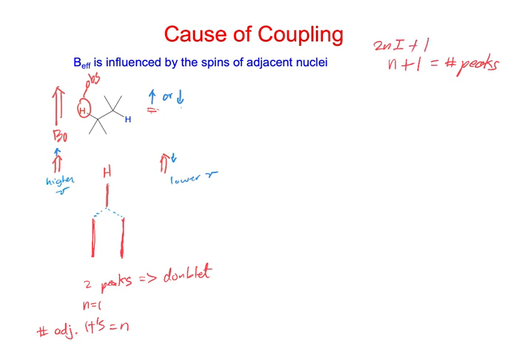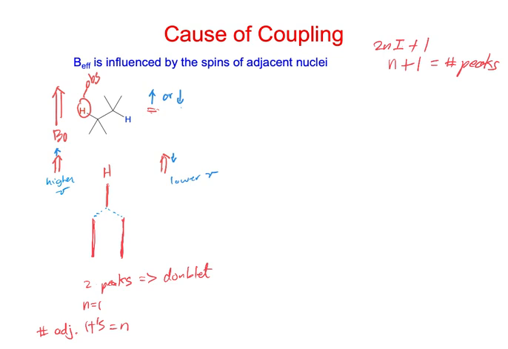What is I? I is the quantum spin. For proton NMR, protons have a spin of 1/2. So in this case, 1/2 times 2 equals 1, and we can just leave that out. But if we go to another spin that's not spin 1/2, then we have to take that into account.